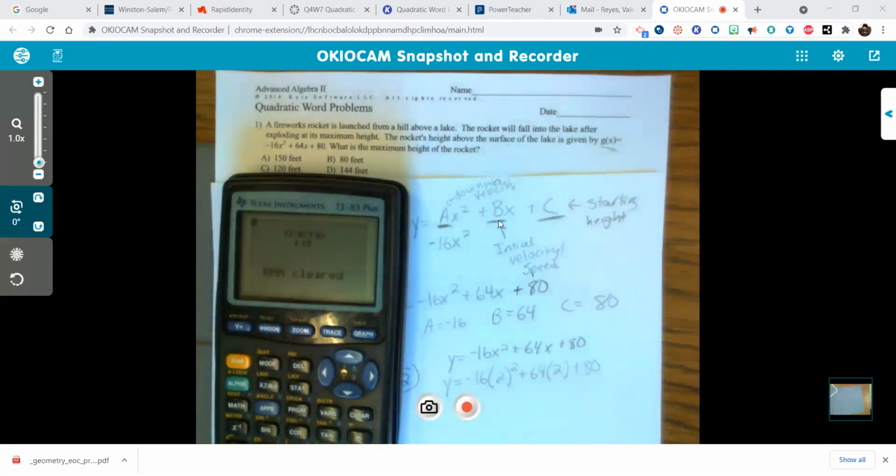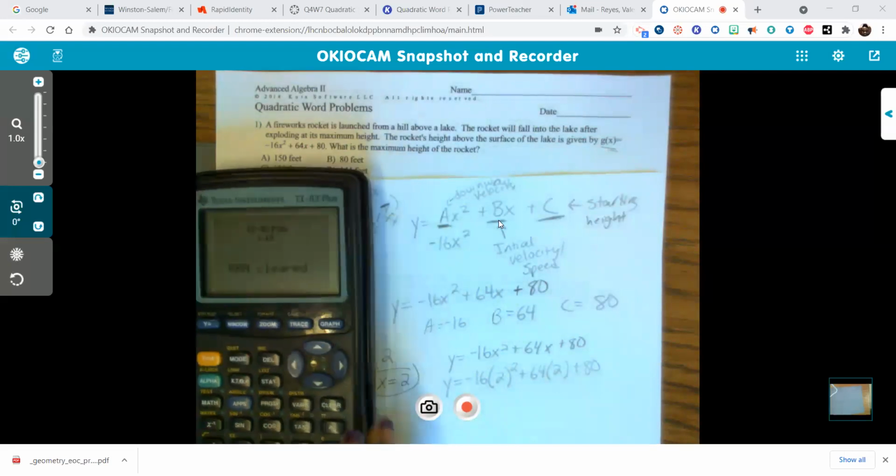Okay. So let's type this in. We got negative 16 times that 2 squared plus 64 times 2 plus 80.